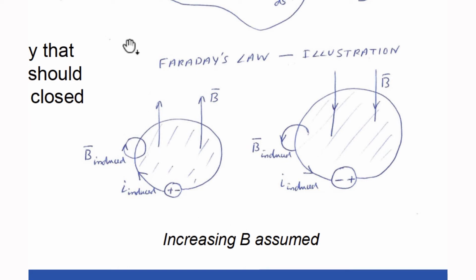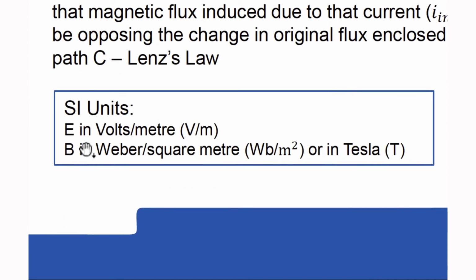So in the modeling of magnetic field interaction, you'll be using this principle. Now let us look at the units here. E is in volts per meter and B is in Weber per square meter. Weber per square meter is also called Tesla. So these are the SI units.